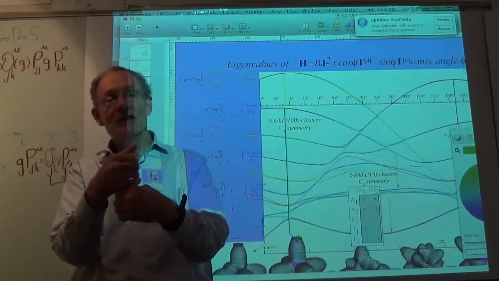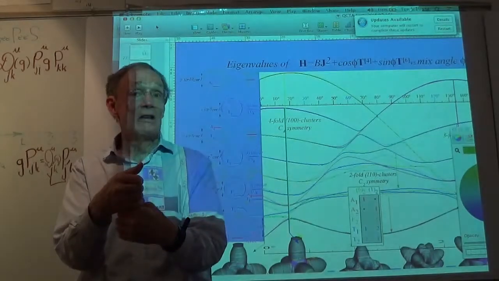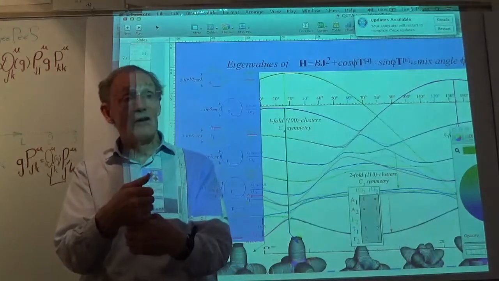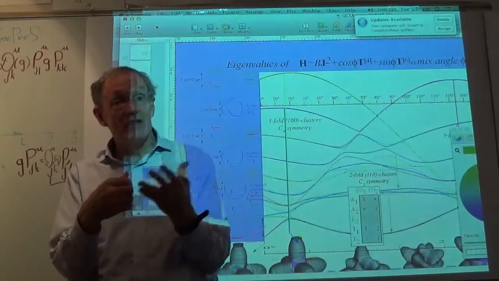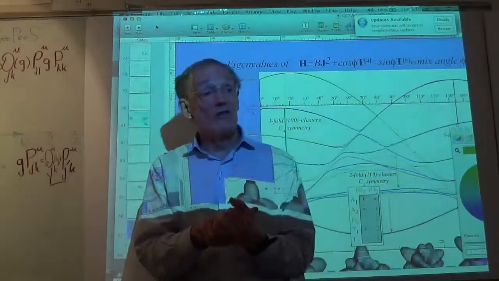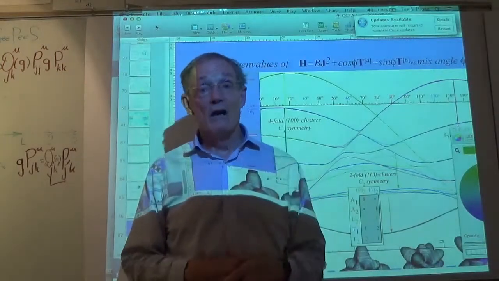That's like adding e to the i kx, e to the minus i kx. You get a cosine kx. Then I would go ahead and do the same thing with left and right, subtract, I get a sine. So getting cosine and sine standing waves out of moving waves is something we've talked about with respect to cyclic symmetry. Well, it happens again and again here.